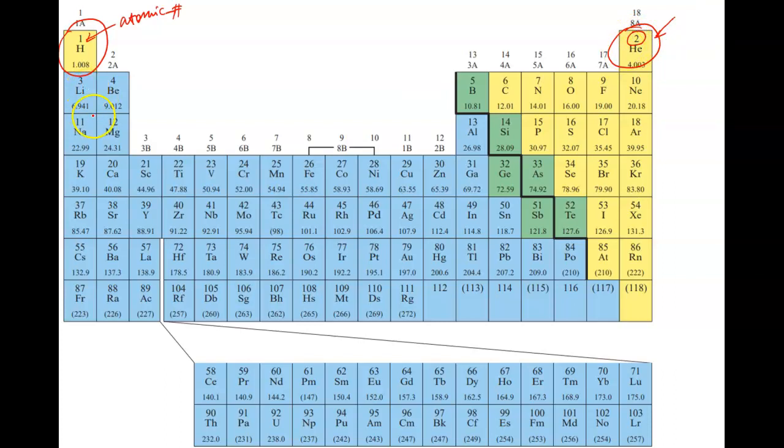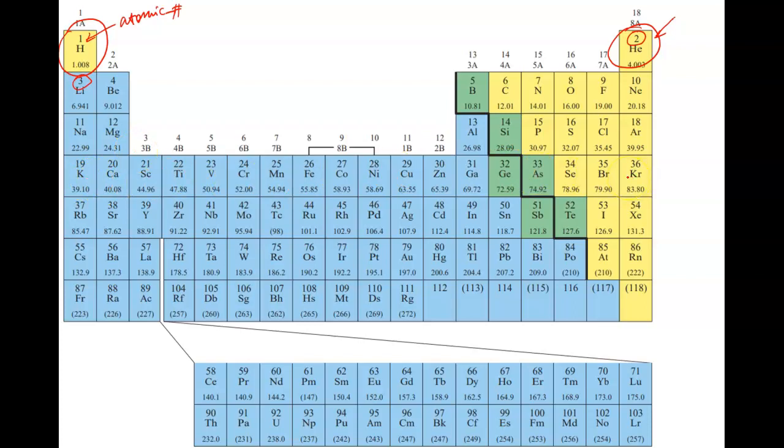The third element, lithium, has atomic number 3, then 4, then 5, 6, and so on. The periodic table, as you can see, has 18 columns, which are vertical, and 7 rows, which are horizontal.